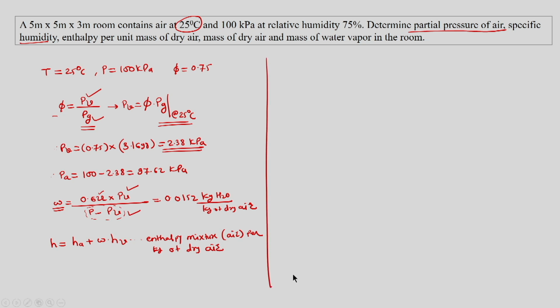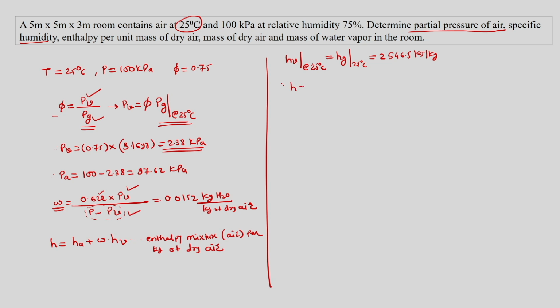So, having said this, we can find out Hv, which is basically saturation enthalpy at 25 degrees Celsius, which is Hg at 25 degrees Celsius, and that we know it is 2546.5 kilojoule per kg.